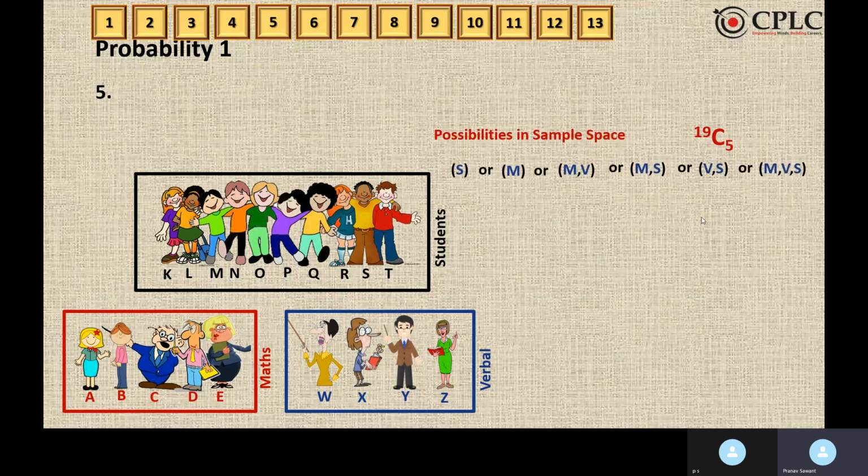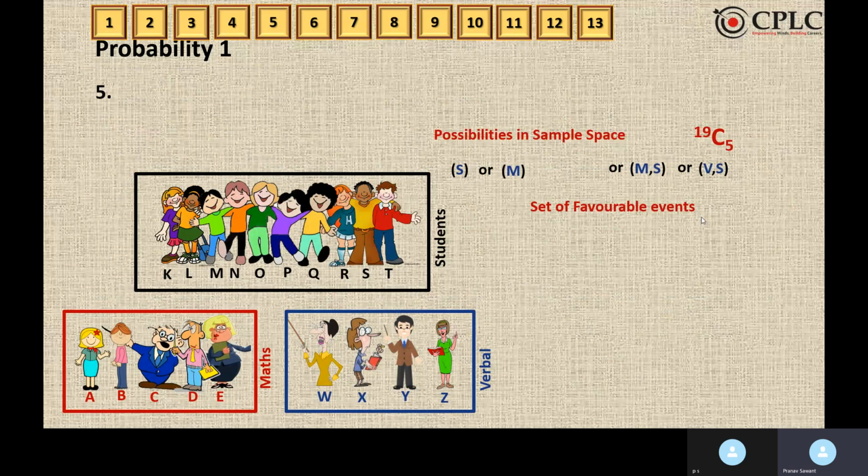Now there are possibilities over here. In this, there will be students only, math only, math verbal, math students, verbal students, math verbal students. But out of these possibilities, some of them will get eliminated as math and verbal cannot be together. So math verbal and math verbal students will be eliminated.